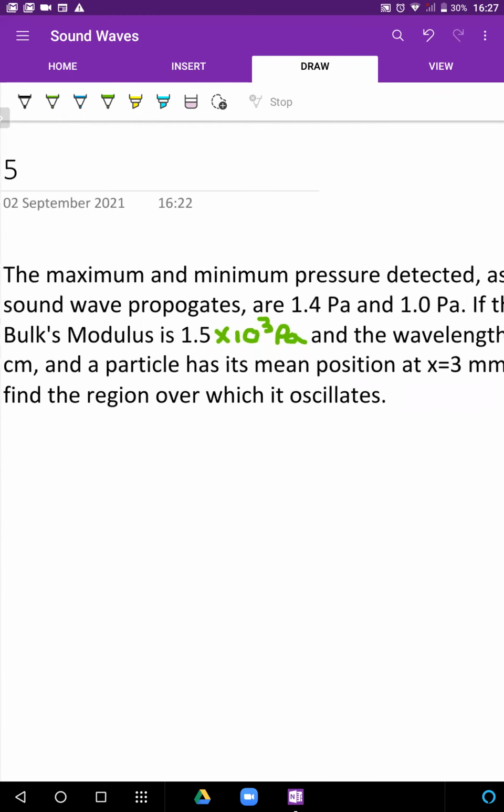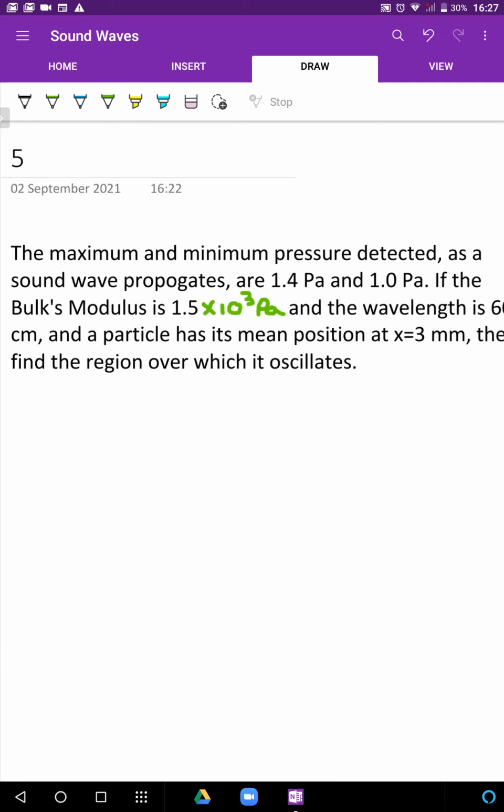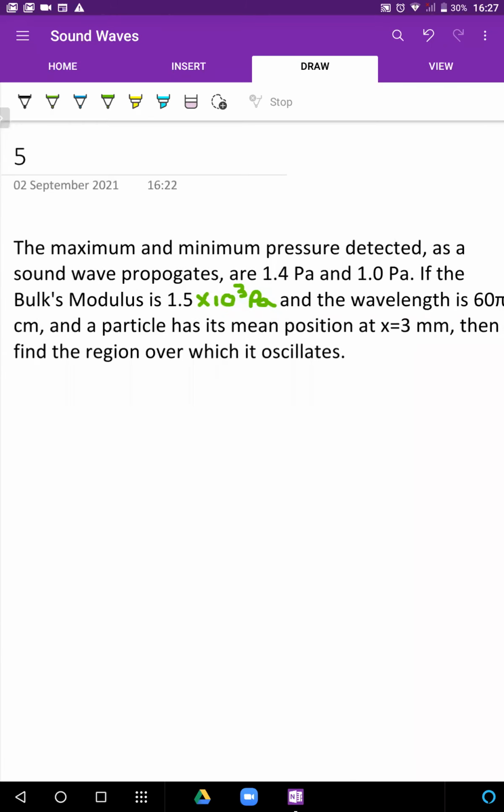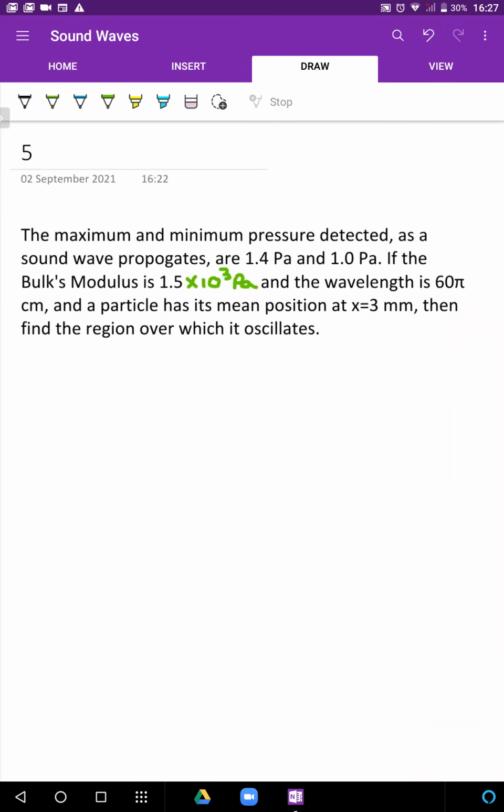Okay, so the maximum and minimum pressure detected as a sound wave propagates are 1.4 and 1.0. The bulk modulus is 1.5 into 10 raised to 3 Pascal. Wavelength is 65 centimeters, and a particle has its mean position at x equal to 3 millimeters, and find the region over which the particle oscillates.